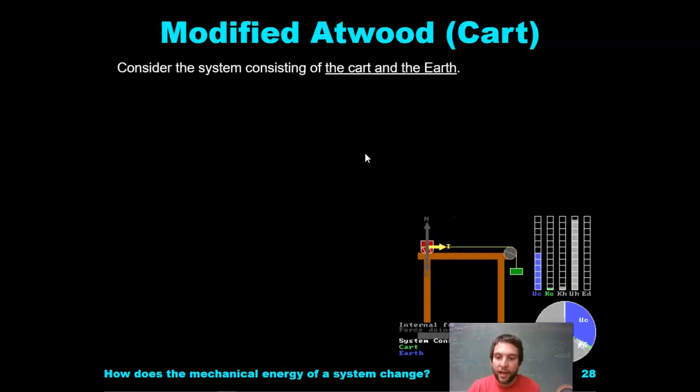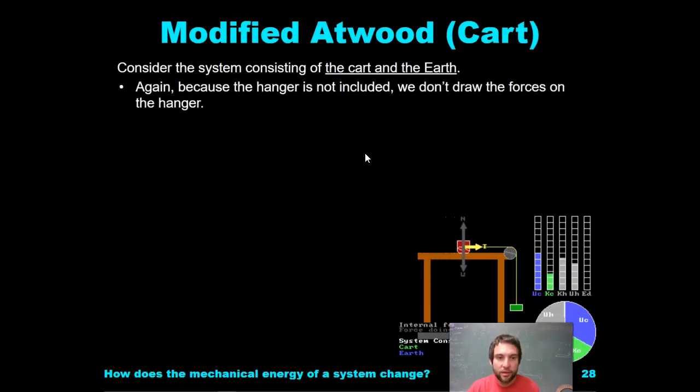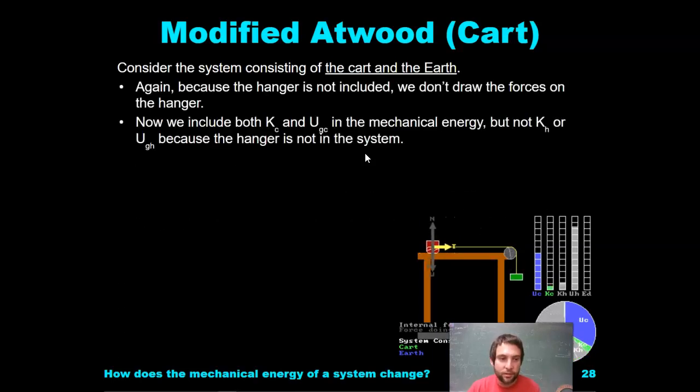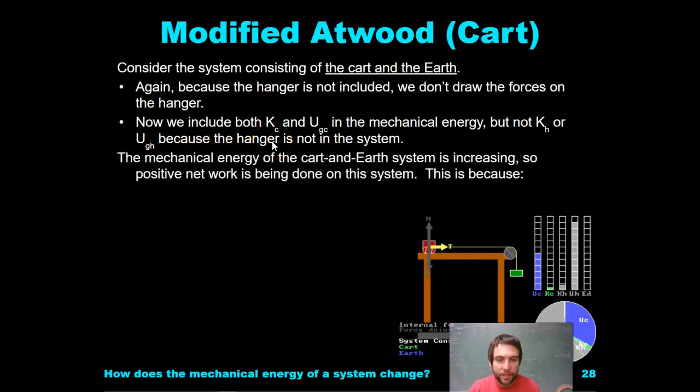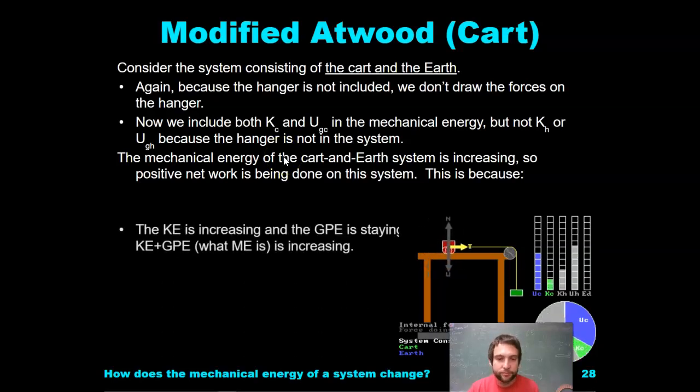Now if we have just the cart and the earth, again the hanger is not included, so no forces on it. Now we're including kinetic and potential energy in the mechanical energy, not K or U of the hanger because the hanger is not in the system. Mechanical energy of the cart and earth system is increasing, so positive net work is being done on this system.